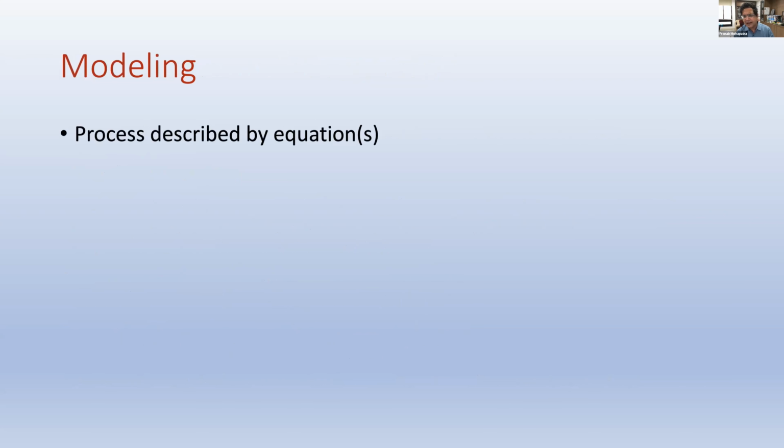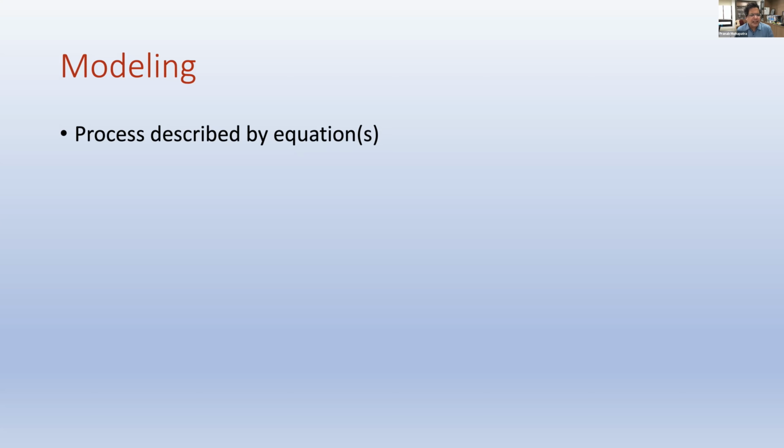When we say modeling, there are n number of models. For example, if I say rainfall runoff modeling, I can do the modeling without any complicated equations.